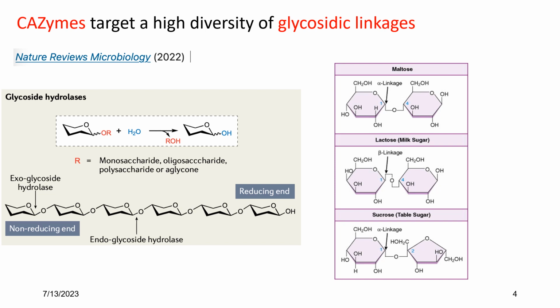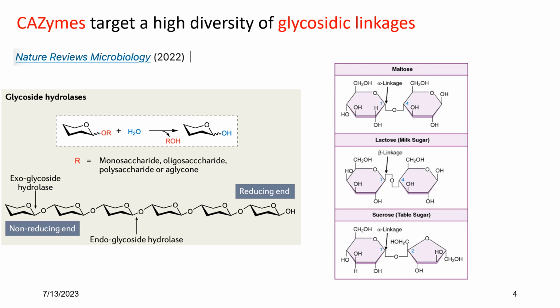The glycosidic linkage is basically the carbon-oxygen-carbon bond formed between two sugars. On the right are 3 disaccharides. They all have glucose, but connecting with different sugars through different linkages, we get very different disaccharides, for example, maltose, lactose, or sucrose.